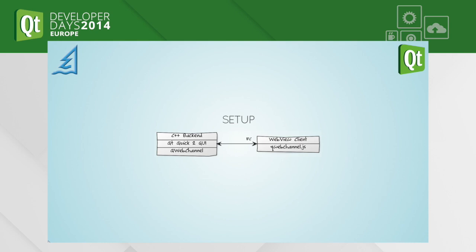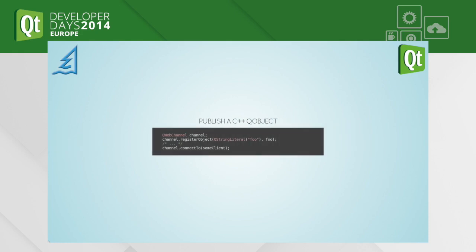And on the other side, you construct your QWebChannel, set up a means of communication between the two, and then you can just register objects and start using it. So from C++, it more or less looks like this. You construct your channel, you register any object you want, and then you can connect to some client.